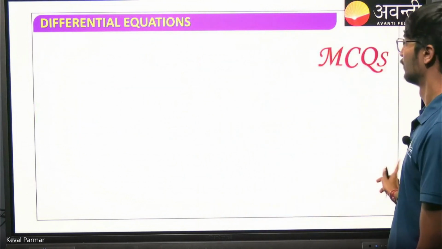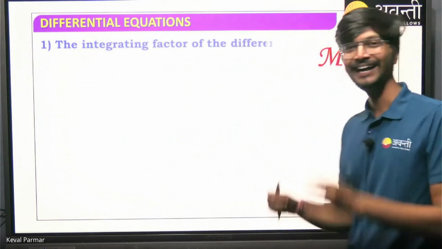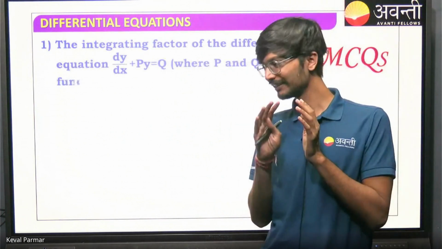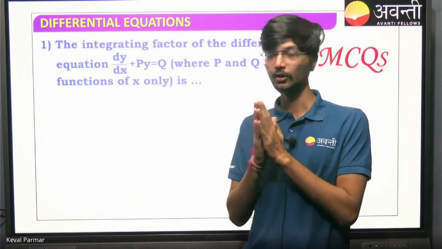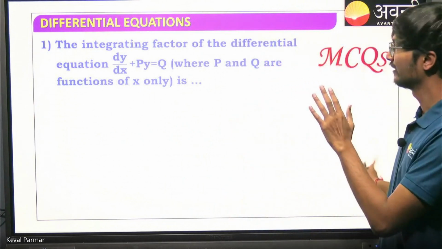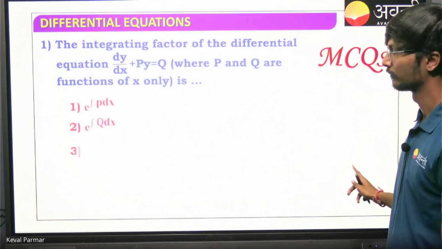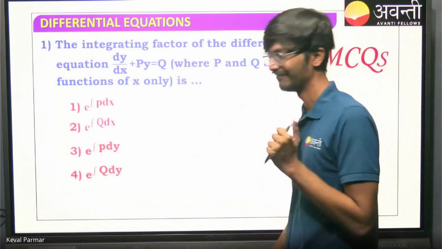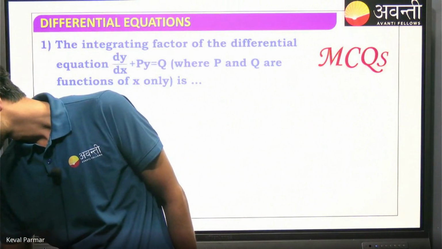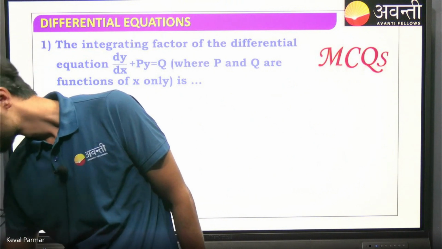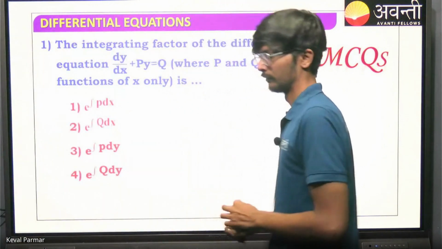So let's say MCQs, and these are some basic MCQs which I think you should answer in the chat box. Got it? So here are the options. Come on, which option is it? 1, 2, 3 and 4. I'm waiting for your answers. Which option is it?